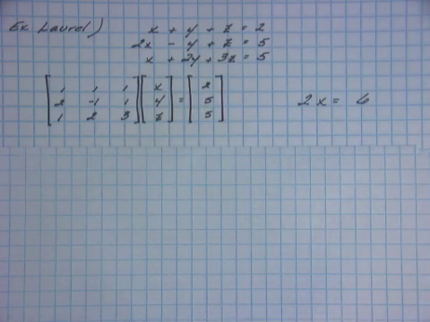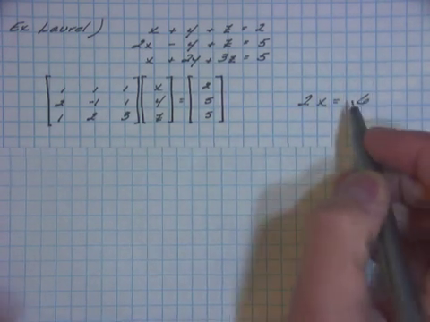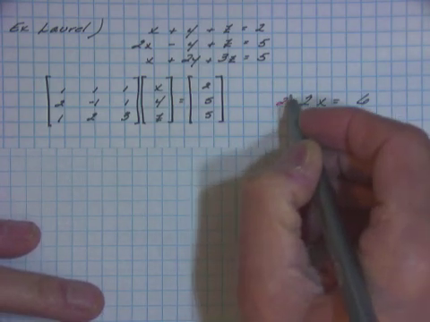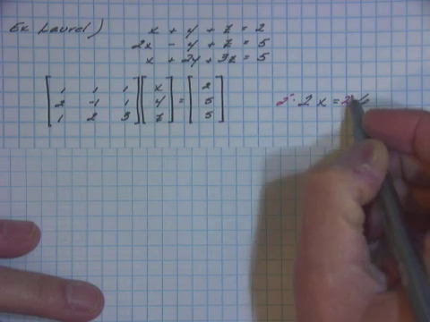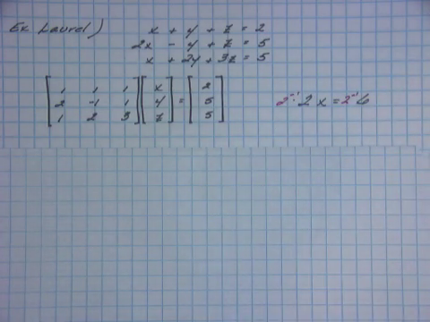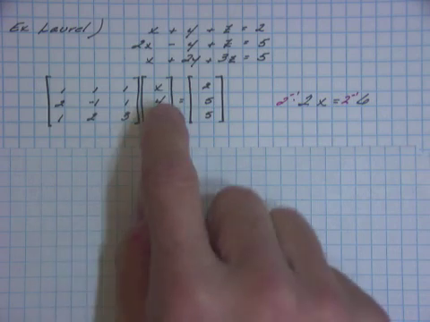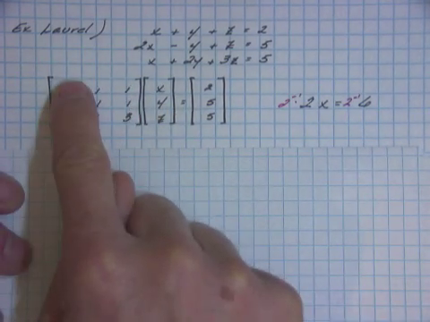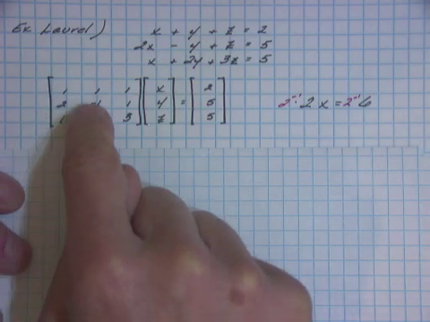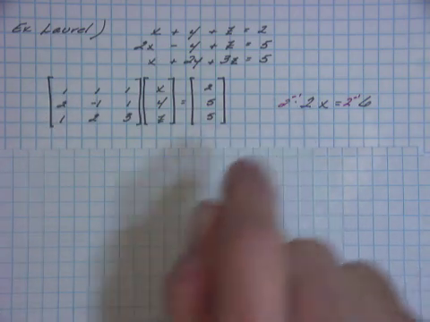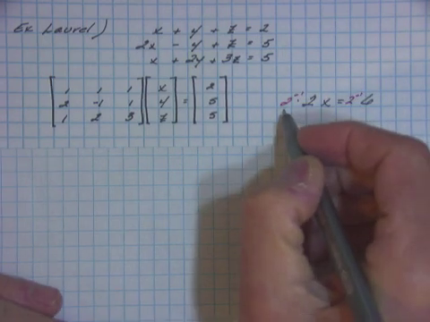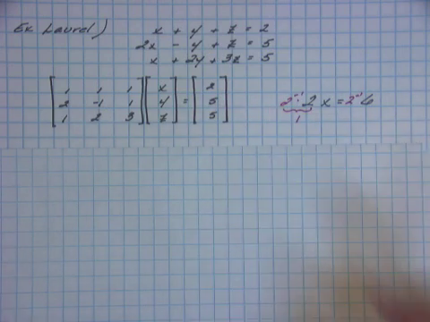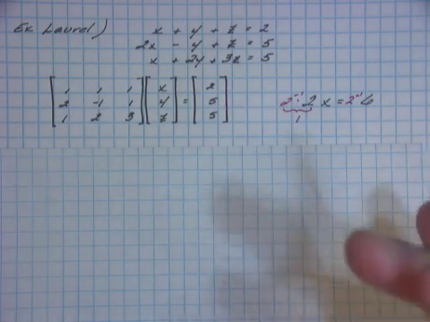Just like when we were doing 2x equals 6, and we multiplied by the inverse on both sides to solve it, we need to come up with the inverse, the thing that we're going to multiply this 3x3 matrix by so that we get an identity. Because remember, 2 to the negative 1 times 2 is 1.